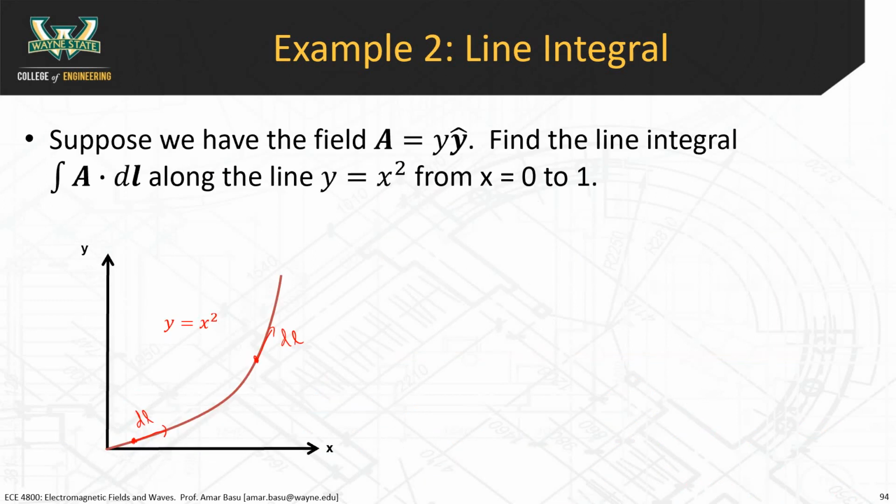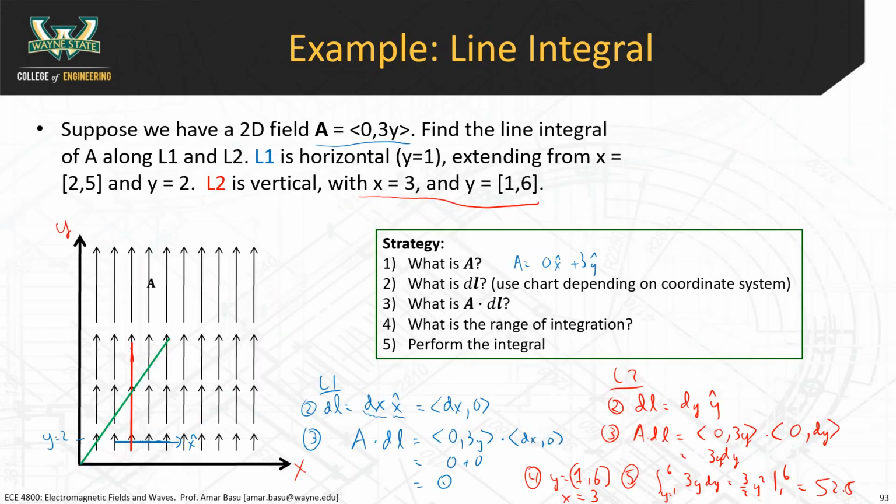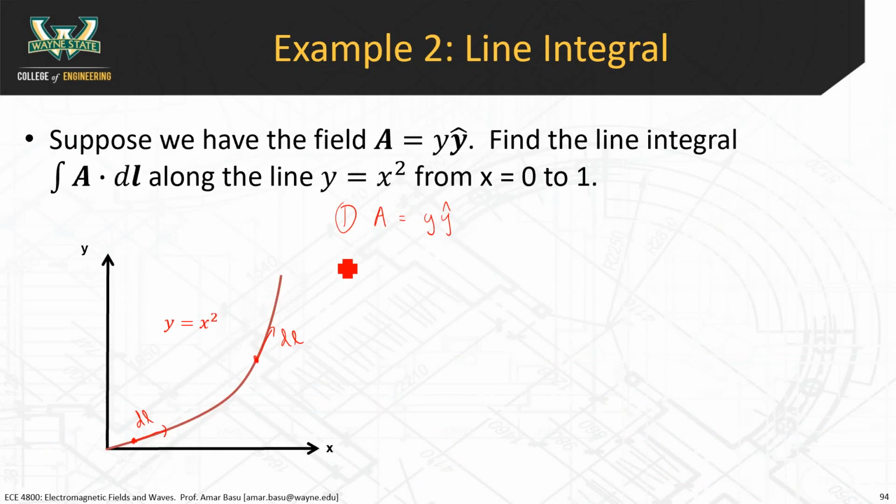Okay. So the first question is, what is A? So A is equal to y times y hat. The second part is, what is dl? Now this is the mathematically rigorous way of finding dl.